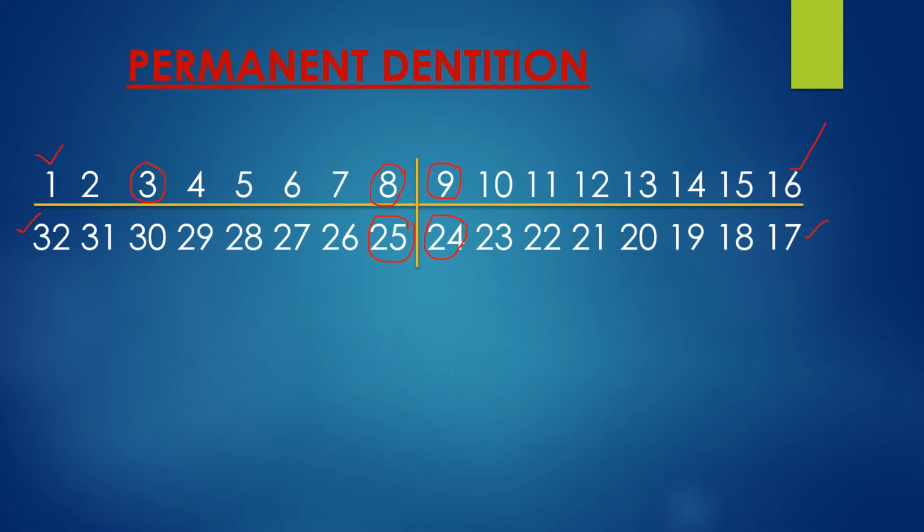The third molars are represented as follows: number 1 represents upper right third molar, number 32 represents lower right third molar, number 16 represents upper left third molar, and number 17 represents lower left third molar.